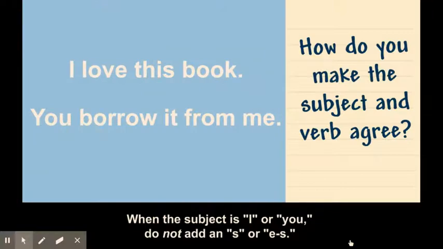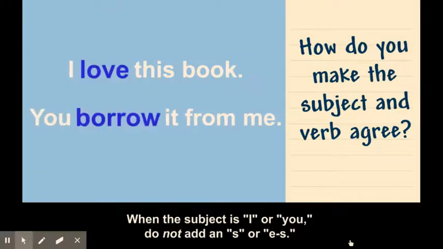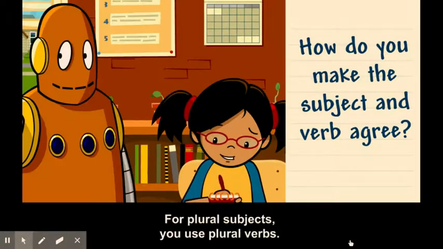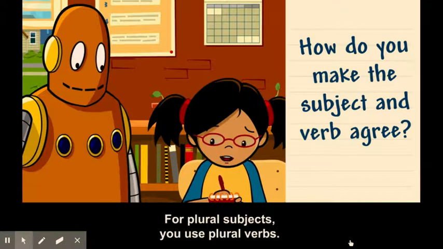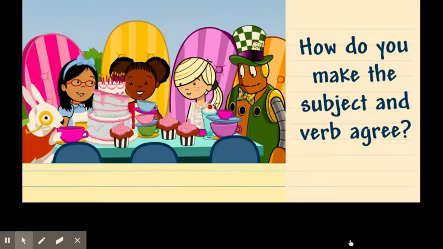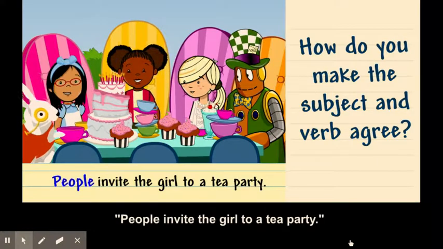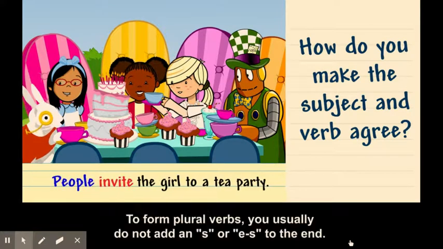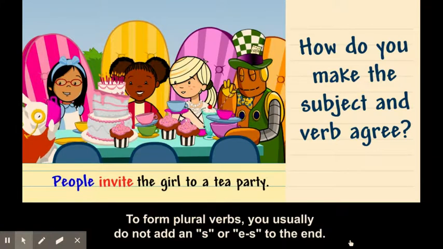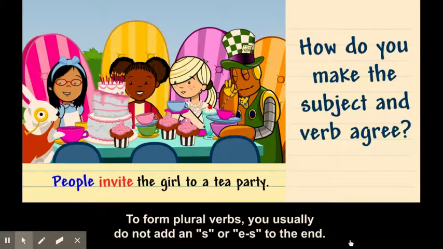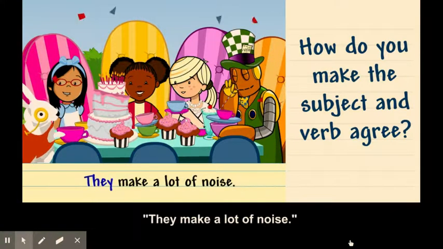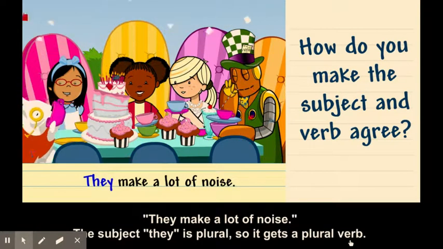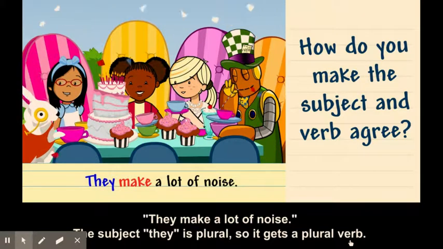When the subject is I or you, do not add an S or ES. For plural subjects, you use plural verbs. People invite the girl to a tea party. The subject in this sentence is plural. To form plural verbs, you usually do not add an S or ES to the end. They make a lot of noise. The subject they is plural, so it gets a plural verb.